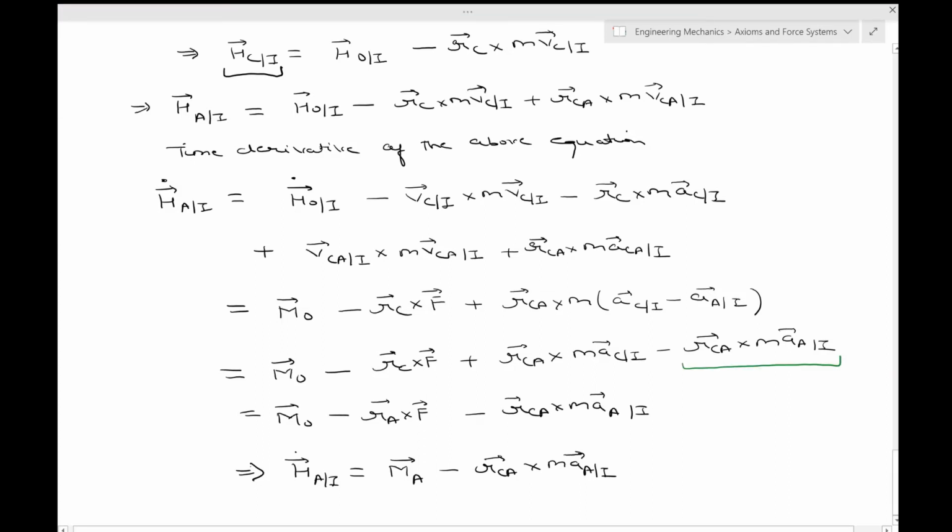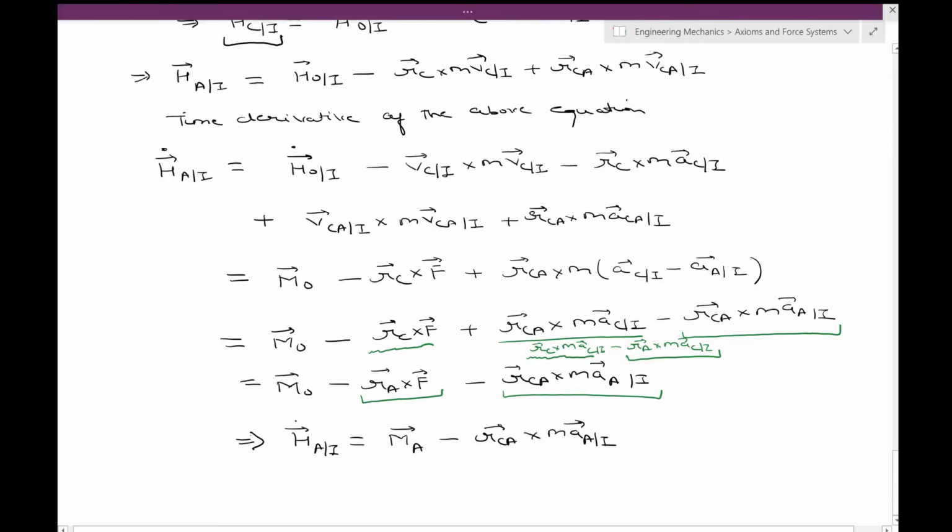This is the same as this, and this should be equal to RC cross MAC minus RA into MAC in I. So this quantity will cancel with this quantity and you will be left with this, which is written over here. So this is what we have.